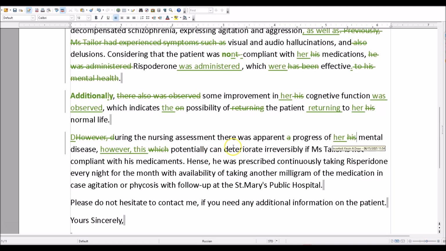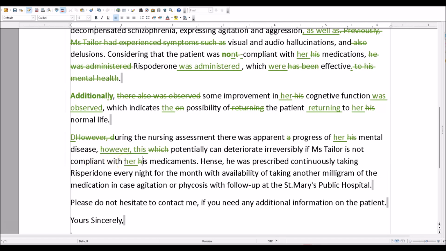Miss Taylor is not compliant with her medicaments, medication. Hence, we don't use this anymore. OET says it's too old-fashioned. You could use subsequently, or simply. So he was prescribed continuously taking.